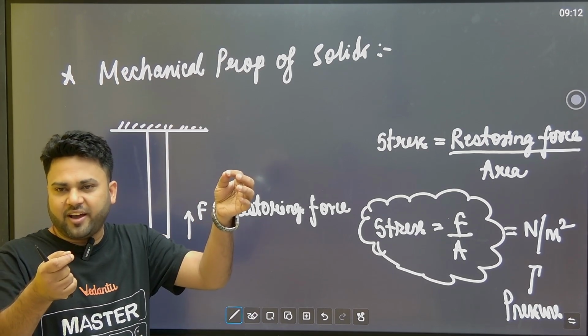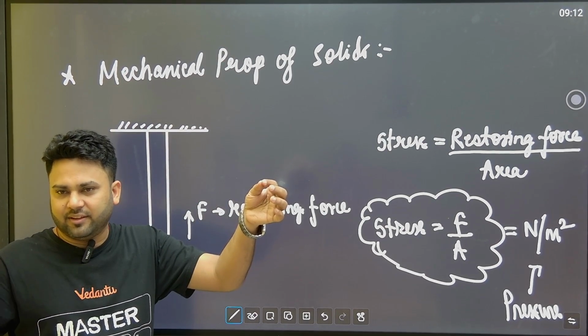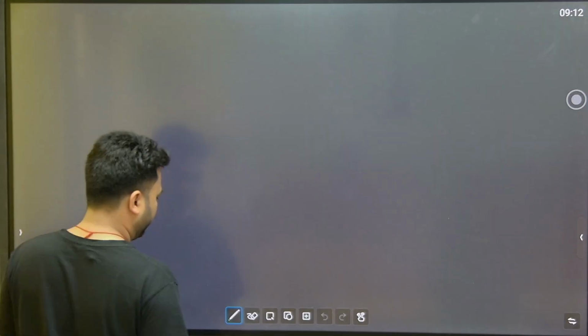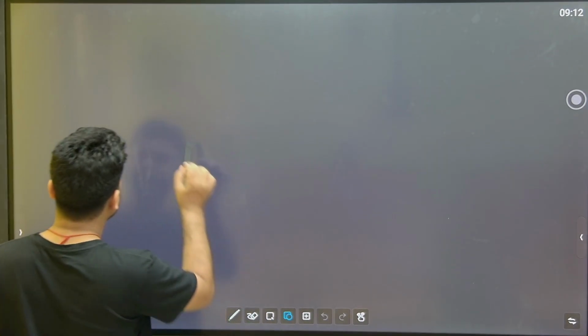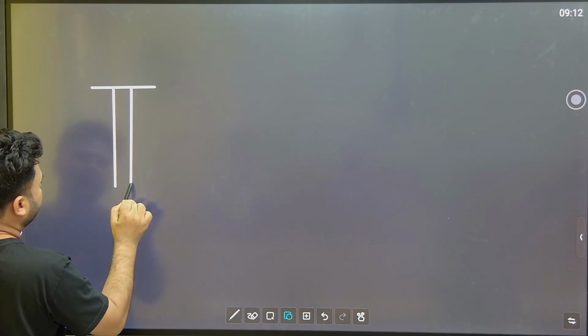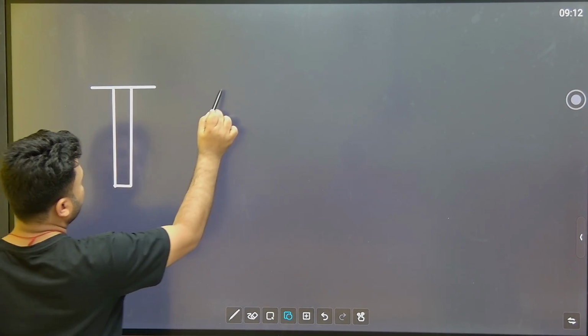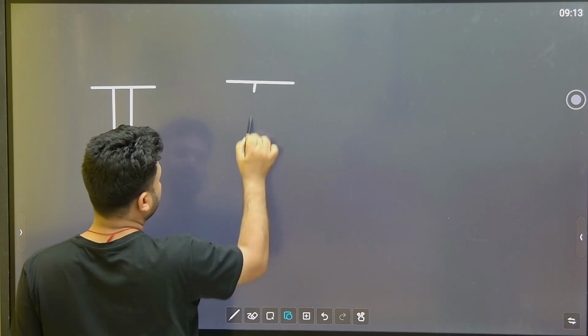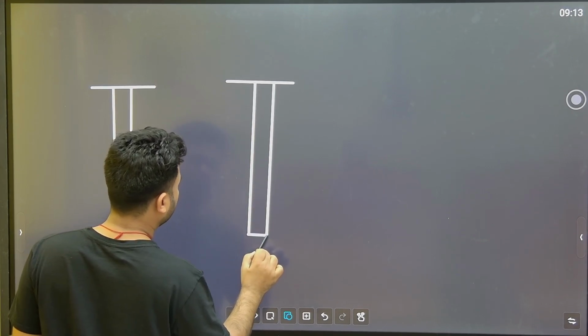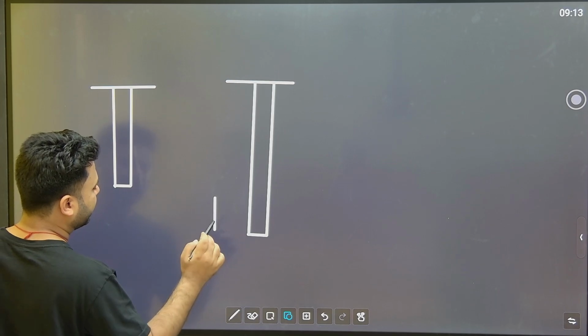So stress is defined as force divided by area. Correct. Acha, what will happen if we apply force? This wire will expand, it will elongate, correct? See, this is our wire. If we apply force, we can see this is the increase in length.